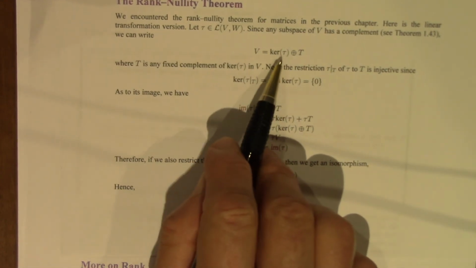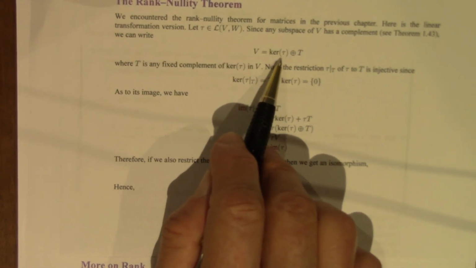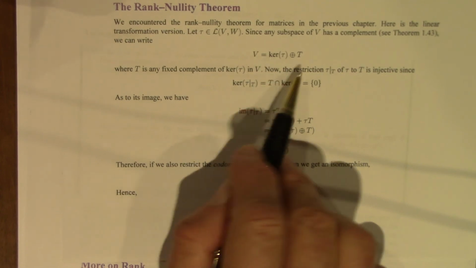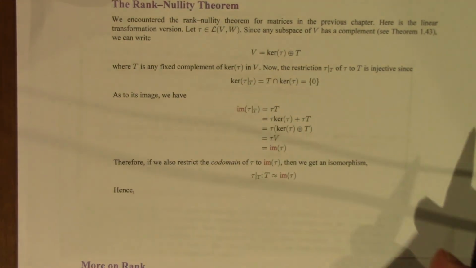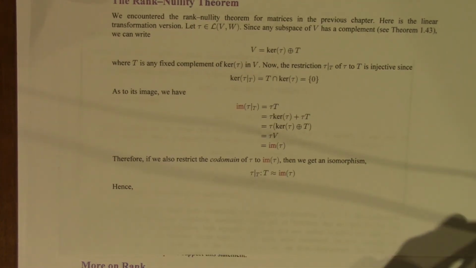And that makes a lot of sense, because specifically what we've eliminated from the domain when we did the restriction is just the kernel, where everything gets sent to 0, so it's not going to affect the image.